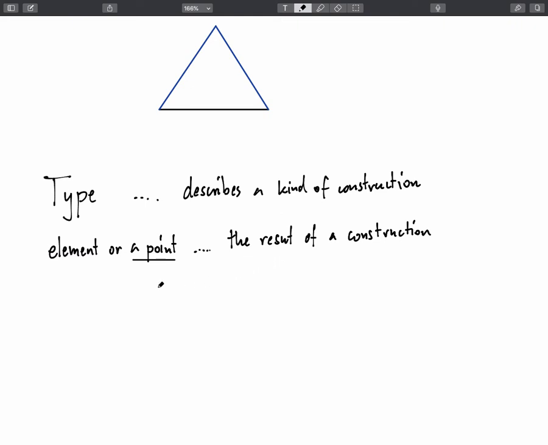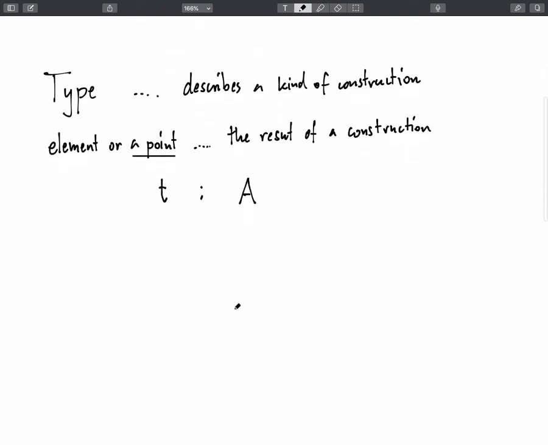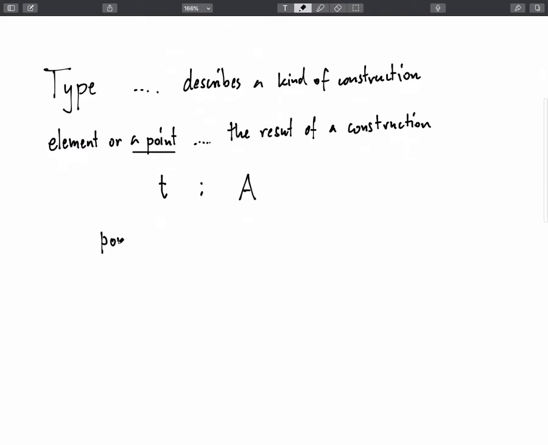So if I have a point, say a point t, it always comes with a type. And we say that this is point t of type A. What this information gives us is that it tells us t was constructed in such a way that it follows the structure of the type A. So A reveals the structure of t.